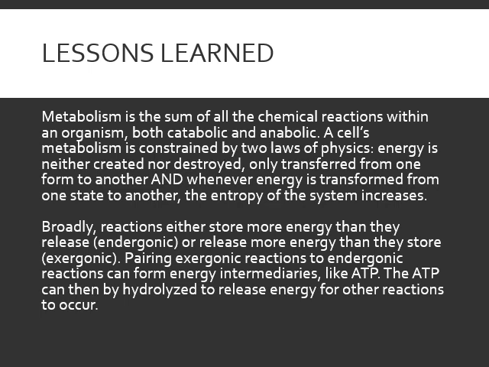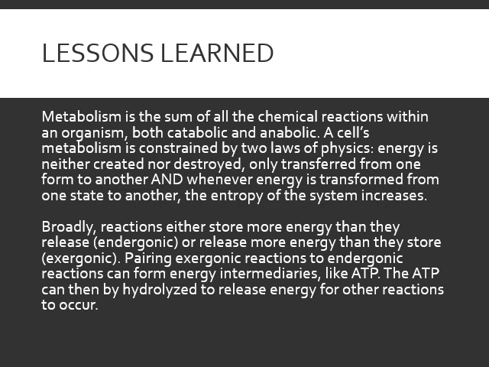Endergonic reactions are going to take in more energy than they put out. So the products have more energy stored in them than the reactants do. And exergonic reactions are going to release more energy than they take in. So the products have less energy in them, in the bonds, than the reactants did. If you pair an exergonic and an endergonic reaction together, you can end up forming what are known as energy intermediaries, like adenosine triphosphate.